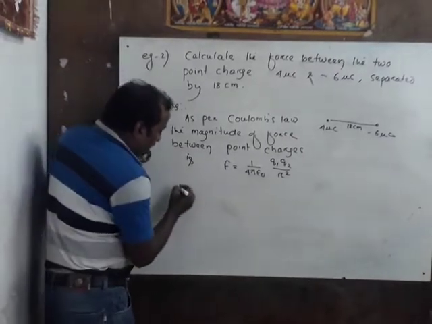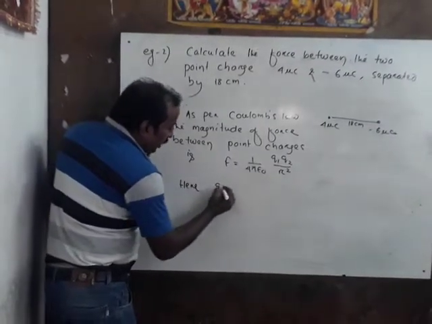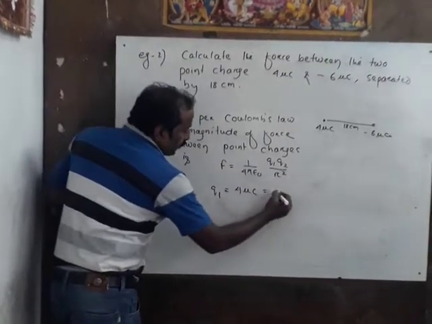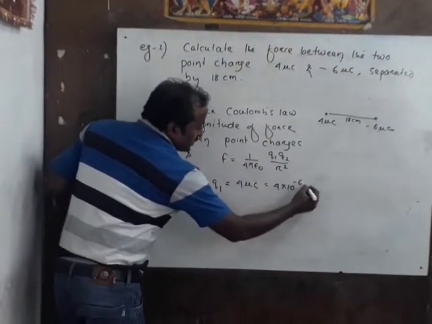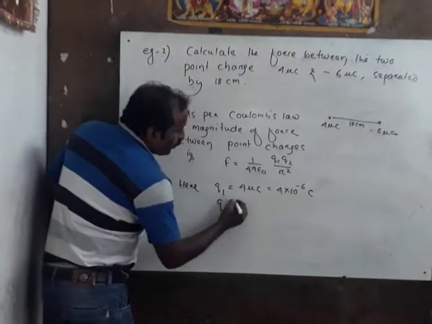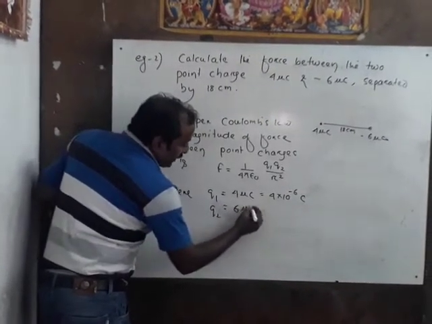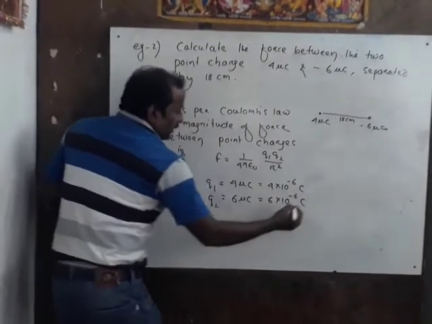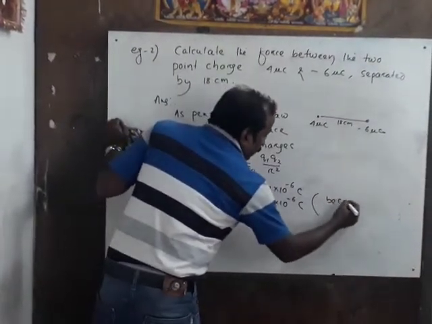So obviously here we take Q1, because we are considering magnitude, 4 microcoulomb, that is 4 into 10 to the power minus 6 coulomb. Q2 is minus, well, simply we should take it 6 microcoulomb, 6 into 10 to the power minus 6 coulomb, because we are considering only magnitude.